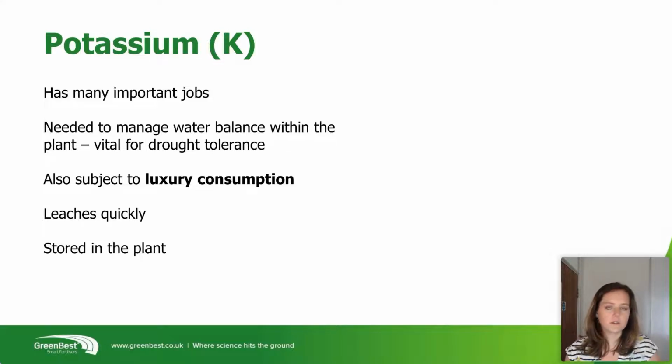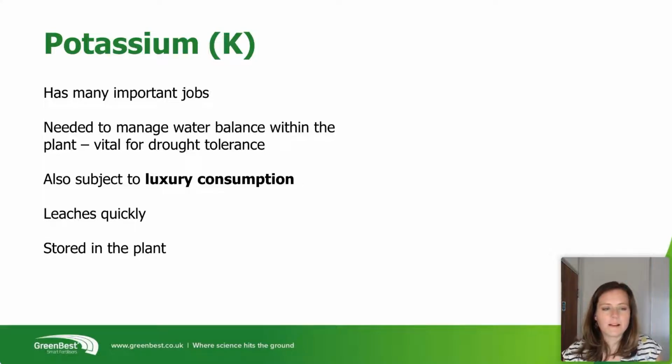You can apply it in autumn, definitely, because it will help strengthen the plant over the winter. But it definitely also needs to be applied in the spring in order to prepare it for long, hot summers. And as we go on in the future, we may find the summers get hotter, even the springs and autumns get hotter, so we will need to prepare with plenty of potassium.